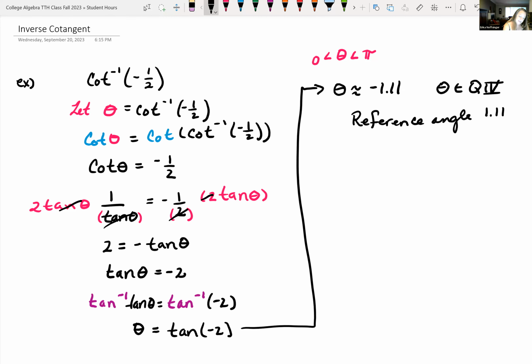To get our theta here, we take theta is equal to pi minus the 1.11. Doing so, we get theta is approximately equal to 2.03.